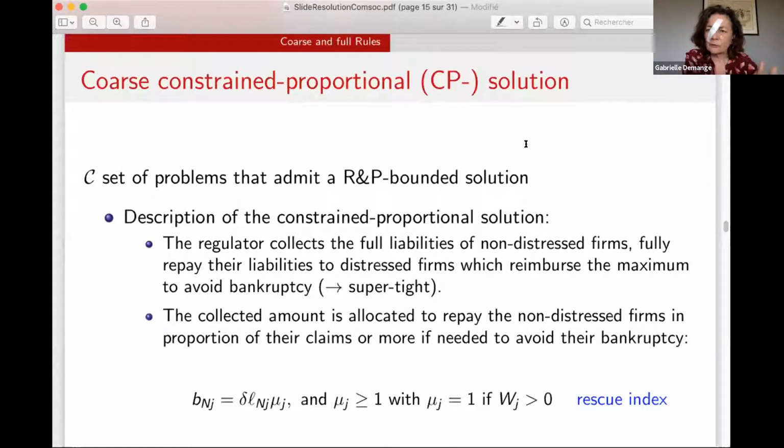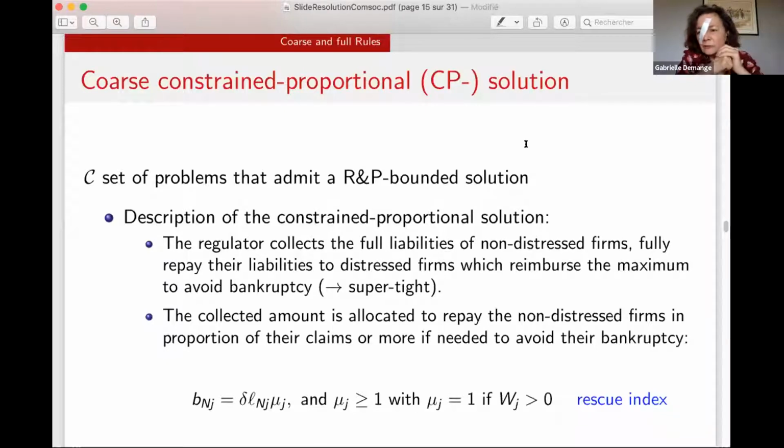So this means that you transform the problem into a simple problem where now the regulator has some amount he must use to repay the non-distressed firms, but he has less than their claims.